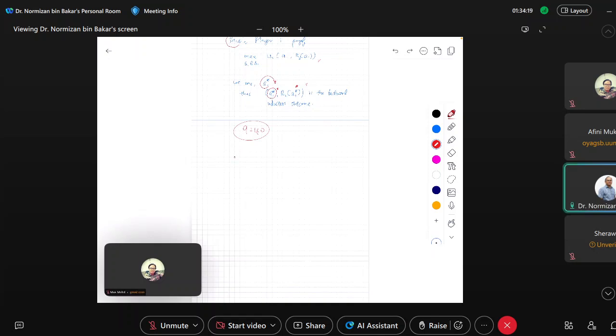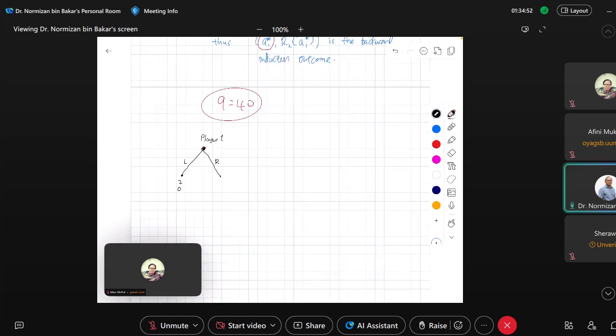Player one has two choices, L and R. If L, then the payoff is 2, 0: player one gets 2, player 2 gets 0.